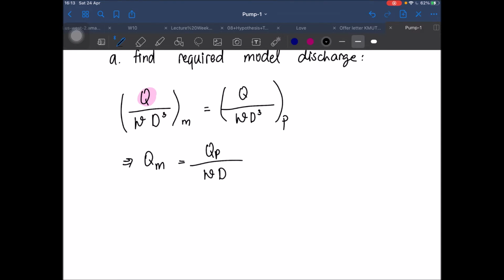So now it stays the same here, and Dm cubed.